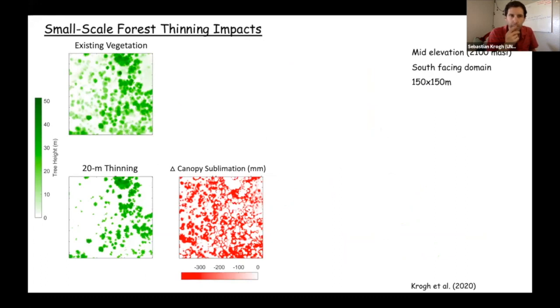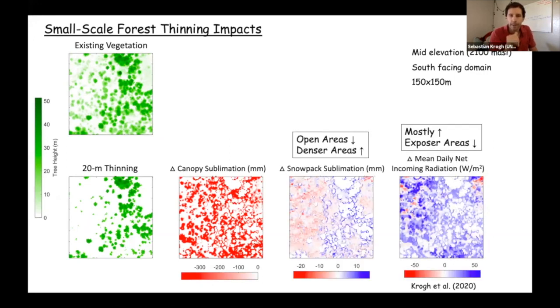So let's look a little bit into the 1 meter scale results for the 20-meter thinning scenario. And you can see in red how canopy sublimation decreases as you decrease vegetation. So there is a very consistent decrease in canopy sublimation, up to about 400 millimeters per year on average. Then you can also see changes in things like snowpack sublimation and net daily incoming radiation.